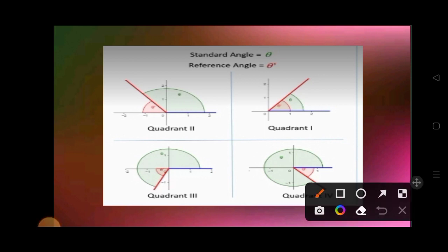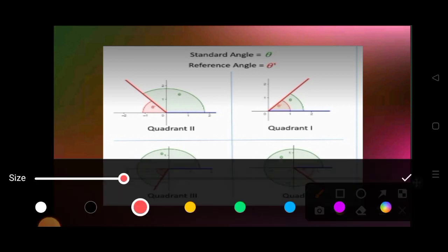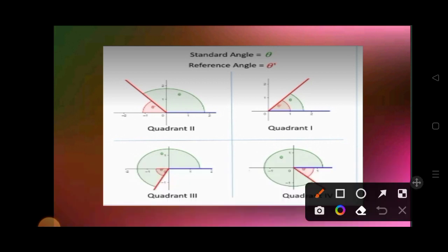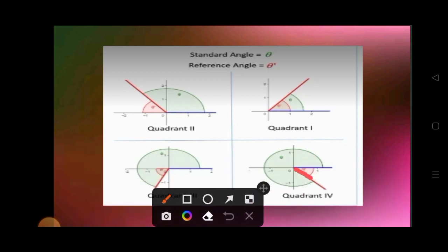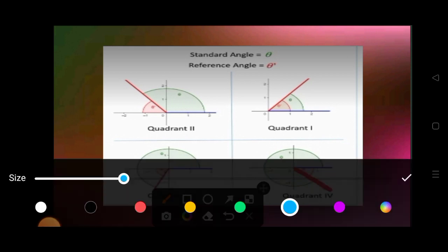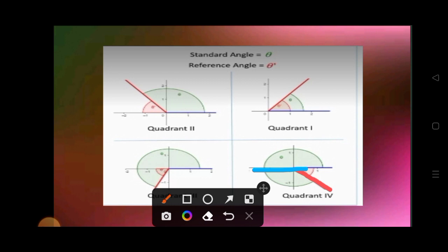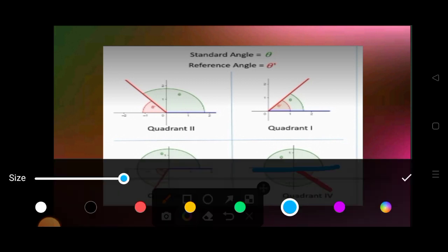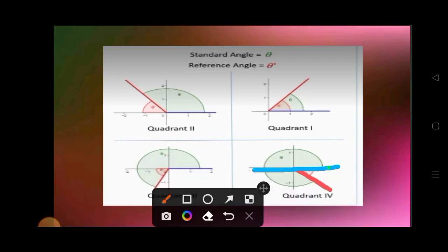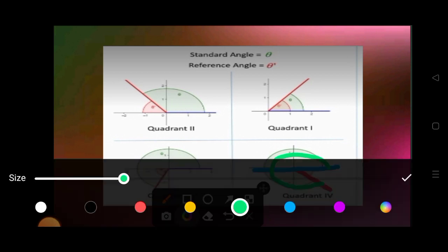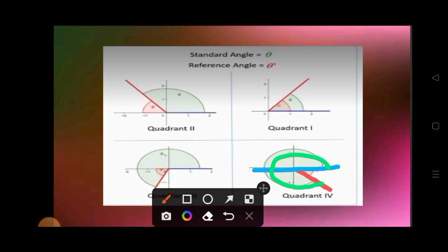In quadrant 4, this is our terminal side, the x-axis, the standard angle, and our reference angle.